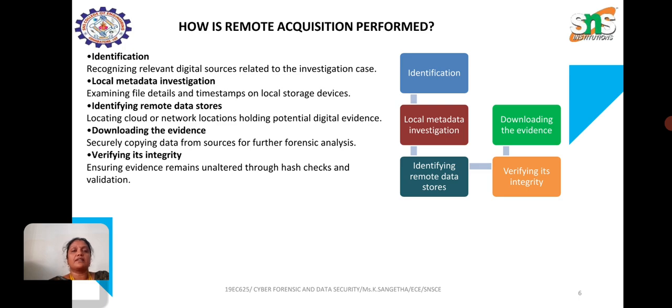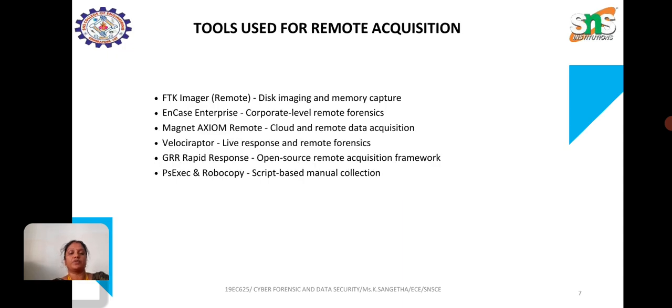This type of data is called metadata. Then locating remote systems and securely downloading the evidence. The final stage is verifying its integrity to ensure authentic and untampered forensic analysis. These are the operations that can be performed using the acquisition process.